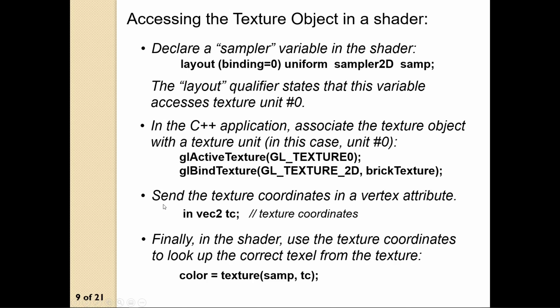So then in the shader, it uses this texture coordinate, which is an interpolated value, to look up the color from that texture, from that UV coordinate within that texture. It gets the correct texel from the texture. One reason to refer to it as a texel is it might not actually be a one-to-one thing that was in the original texture.